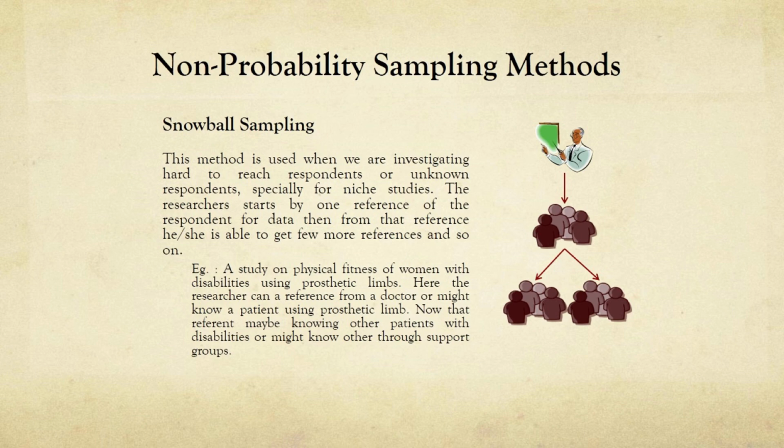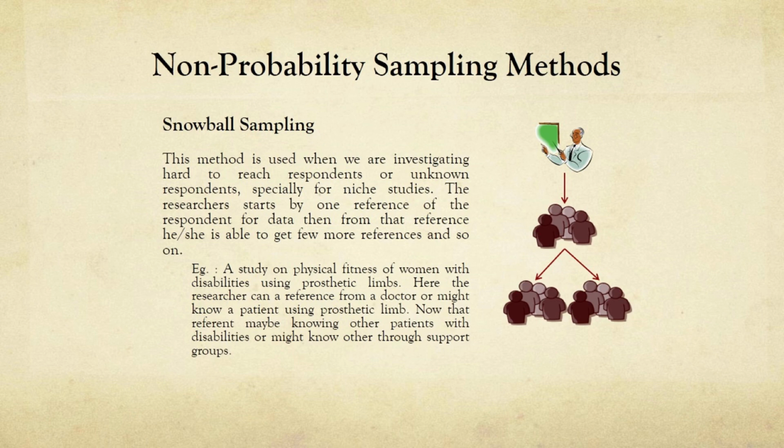So an example of this is maybe you're doing a study on the physical fitness of all the women who have disabilities and are using prosthetic limbs in India. So maybe you don't know all those women who are using prosthetic limbs and you want to know more about them. There is no particular listing of these women in India. What do you do? You contact a physiotherapist or a doctor who might be knowing.